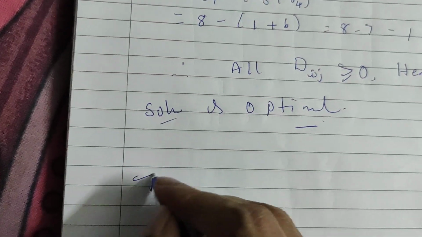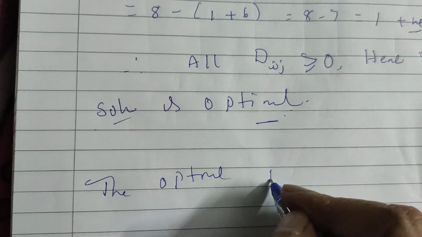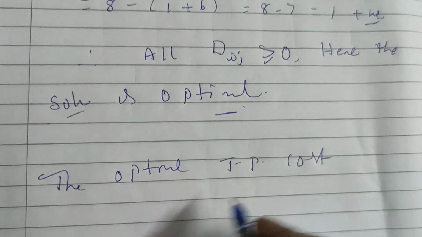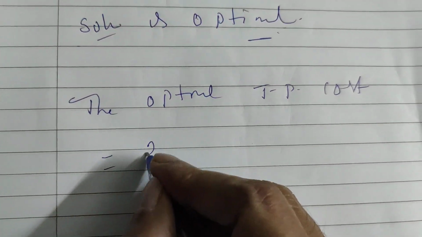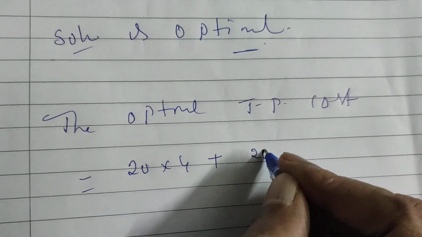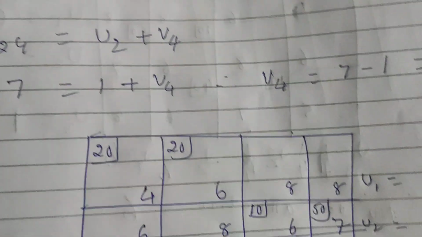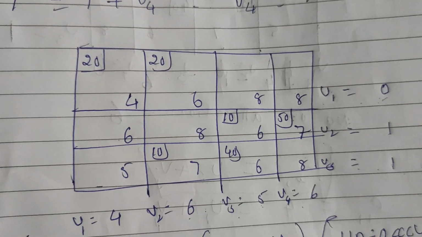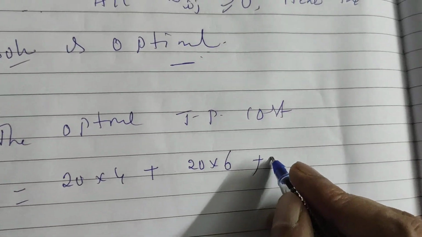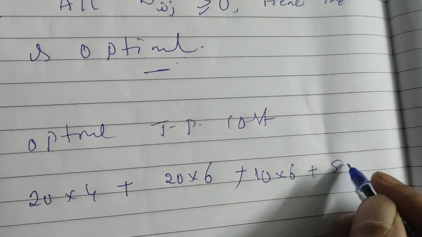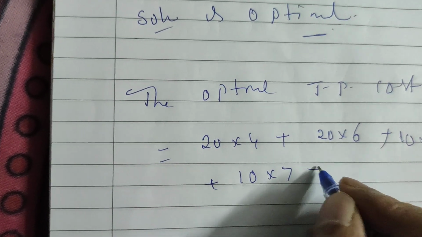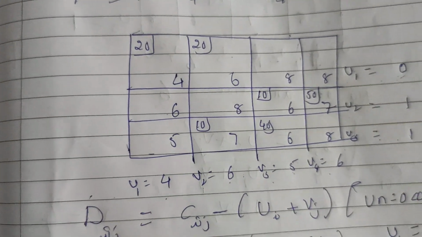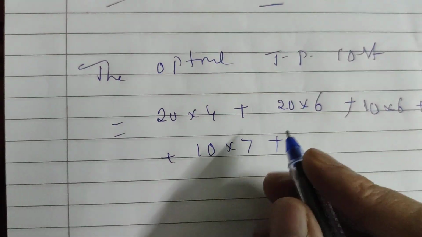Write down the optimal transportation cost. The optimal TP cost is 20 into 4 plus 20 into 6 plus 10 into 6 plus 50 into 7 plus 10 into 7 plus 10 into 7 plus 40 into 6.